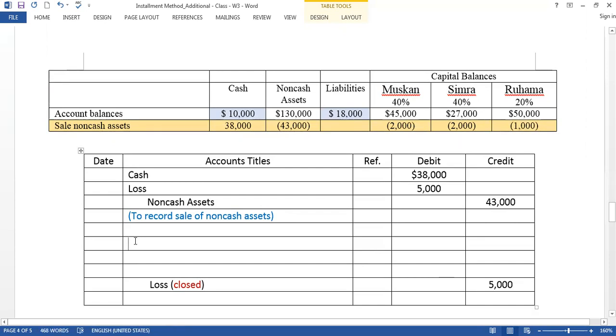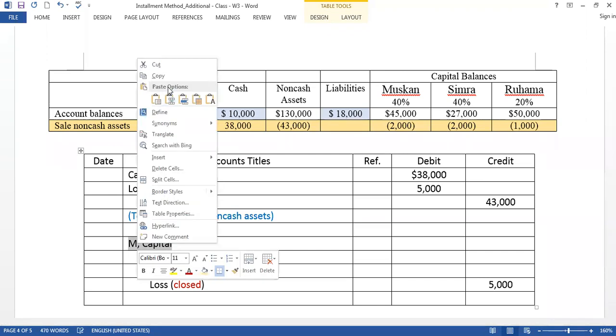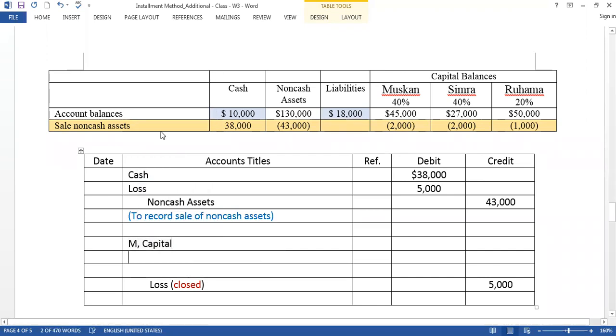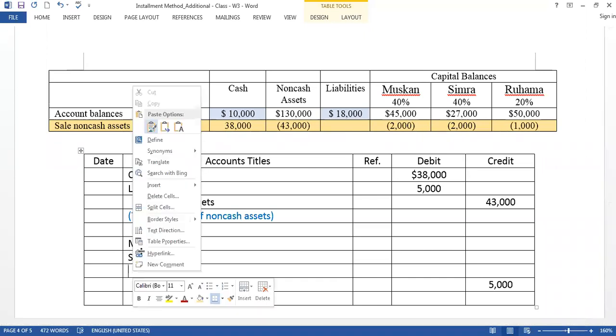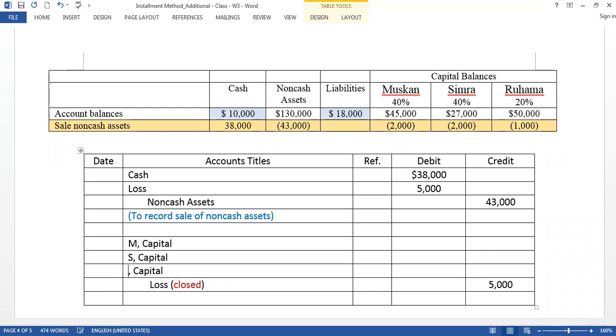So now, for example, M capital debit, then S capital debit, and R capital debit, and the amount is 2,000, 2,000, and 1,000.